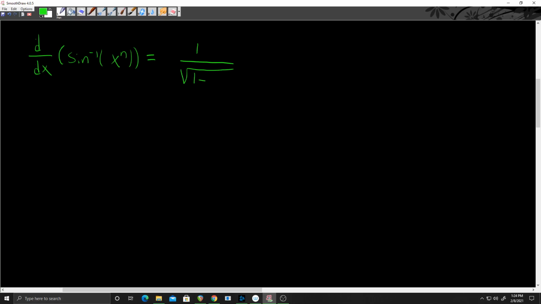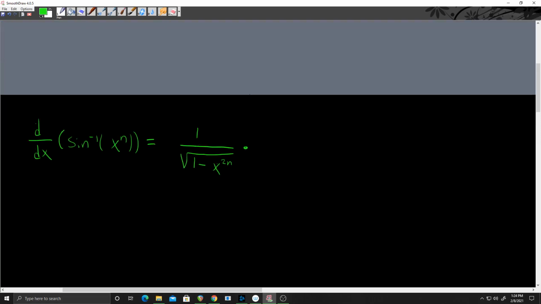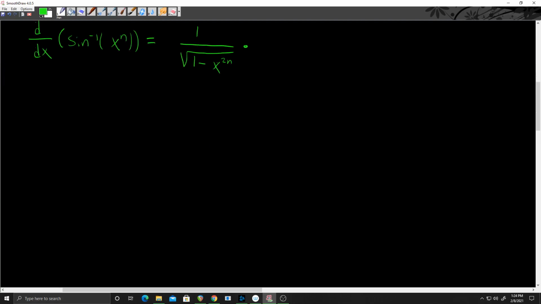Now, if we square x to the n, we multiply the powers. So in other words, this is going to be x to the 2n, okay? Then, chain rule, don't forget the chain rule, we have to multiply by the derivative of x to the n. And the derivative of x to the n is going to be n x to the n minus 1, the good old power rule.